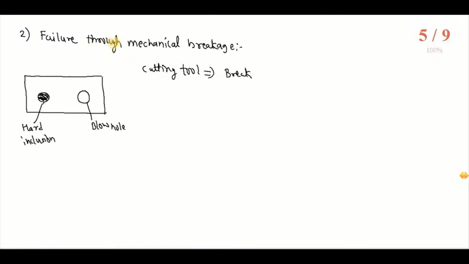That breakage or failure of the tool is called mechanical breakage.